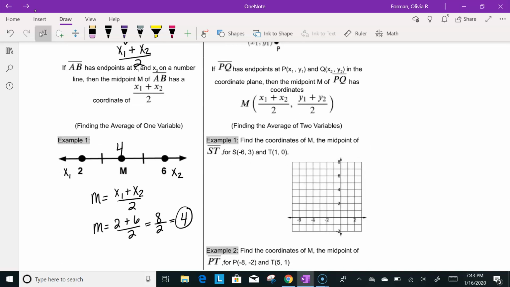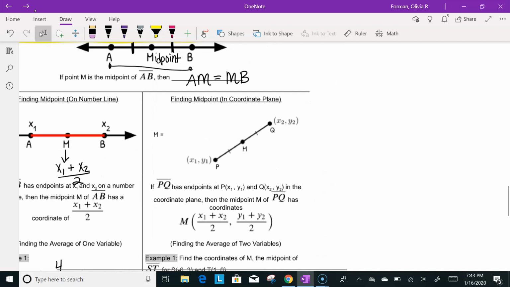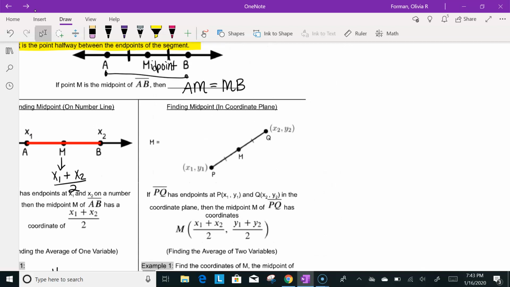It gets slightly harder. I won't even say it's really harder, but there's more to it when you look over on the right column, where it says finding the midpoint in a coordinate plane. The midpoint formula for this involves two different dimensions. So we have to take the average of the x's and the average of the y's to get our midpoint.